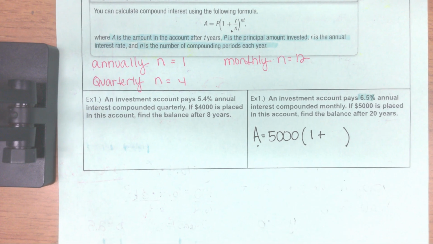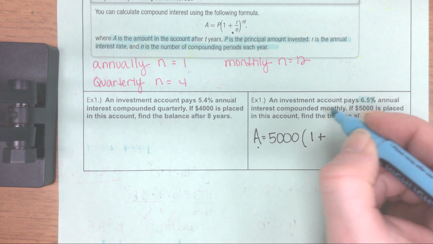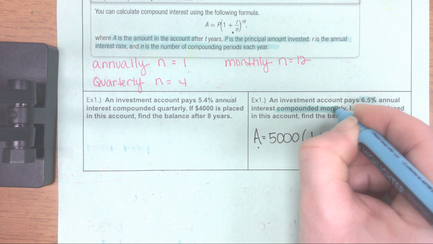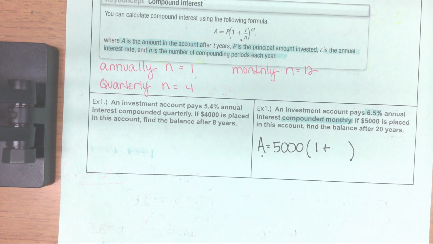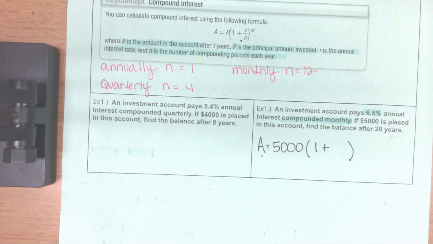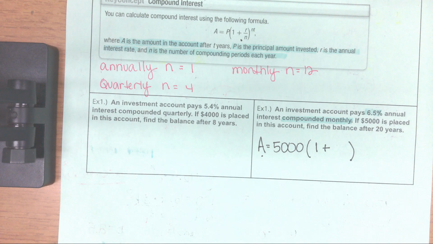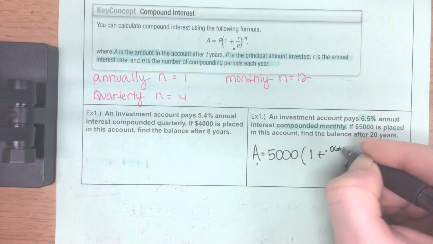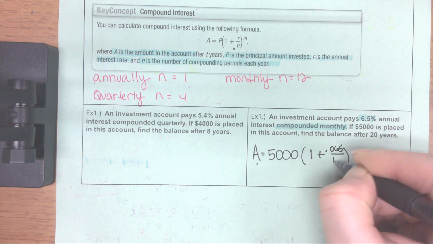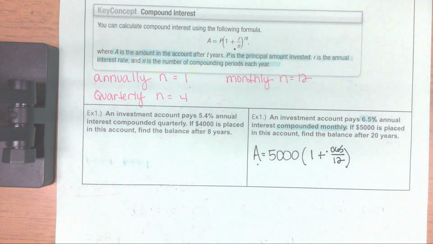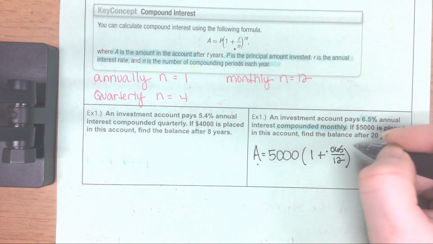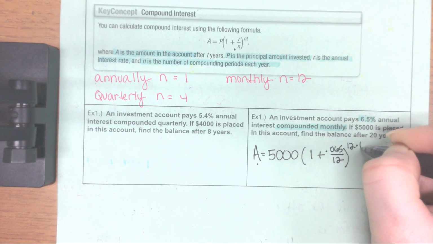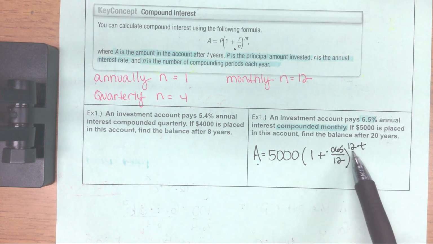6.5%. So I'm going to change that to a decimal. And then I need to figure out N. This interest is compounded monthly, so what's N going to be? 12. All right, so I'm going to write on here, my interest is 0.065, and then I'm going to divide that by 12. Up top, I have 12 times t, because it's getting compounded monthly for however many years.